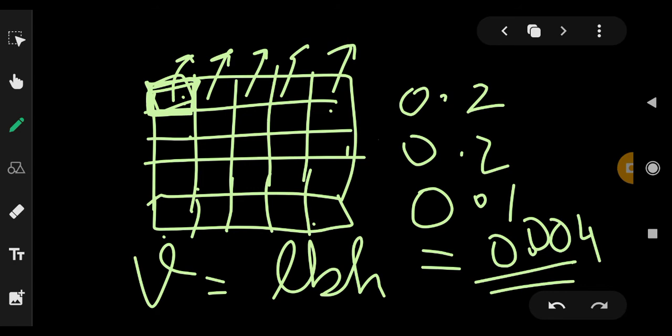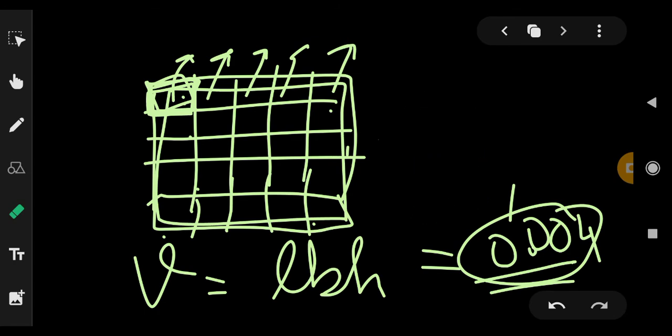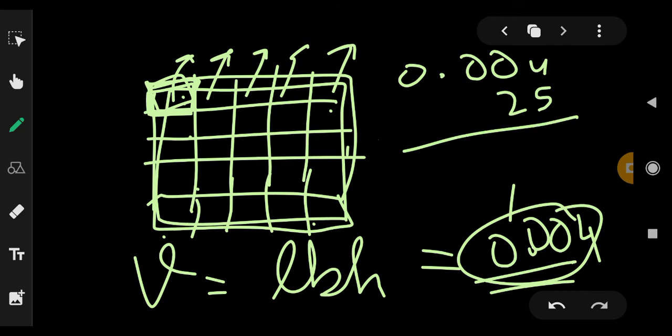Now this is the volume of one box, and you have 25 boxes here, so the total volume will be 0.004 into 25. 1 second, I'll do that. Okay, you will get 0.004 into 25. 25 fours are 100, and yeah, this is what you get.